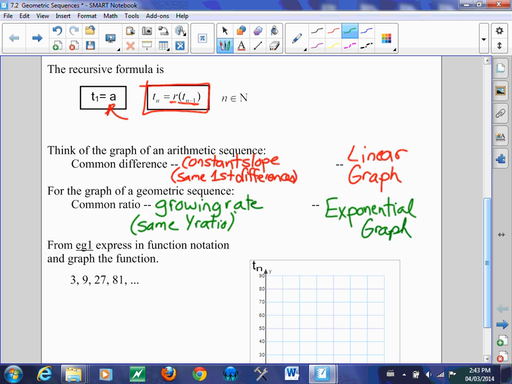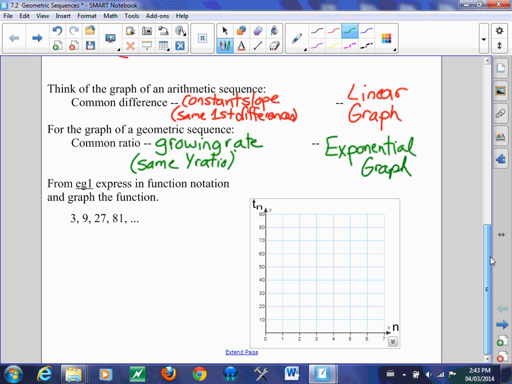Let's do an example here to prove it. Taking a look at this graph, here is our sequence. We're going to start with 1 and 3, 2 and 9, 3 and 27, and 4 and 81.